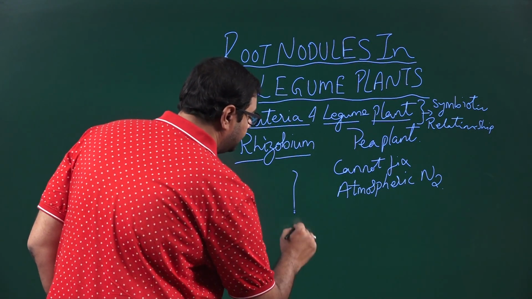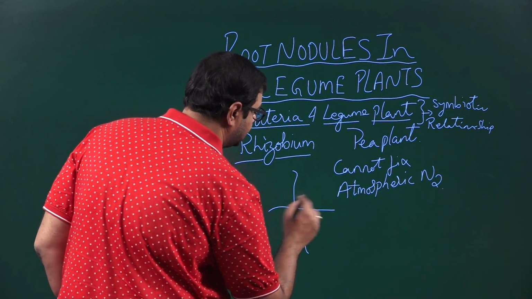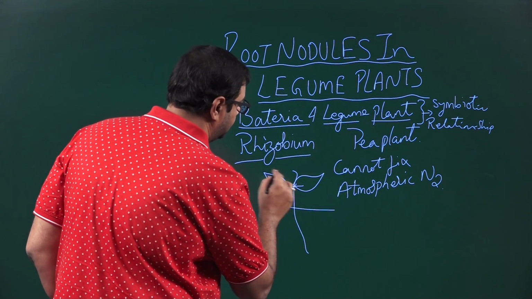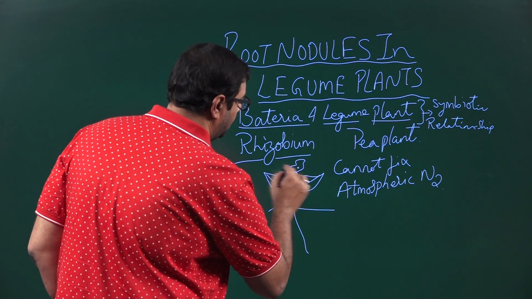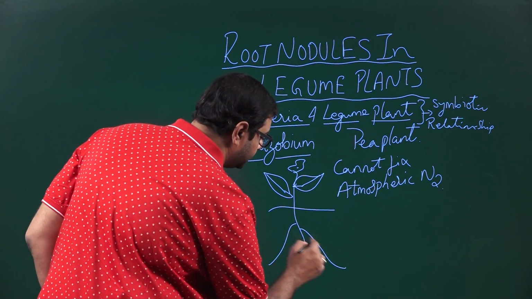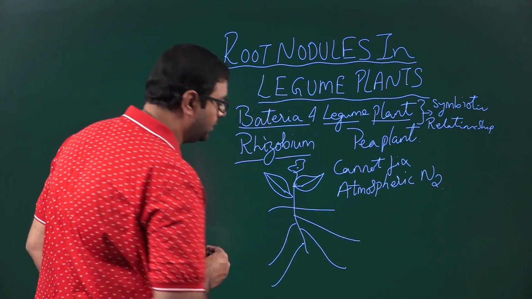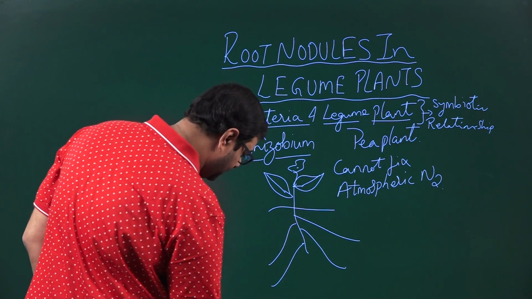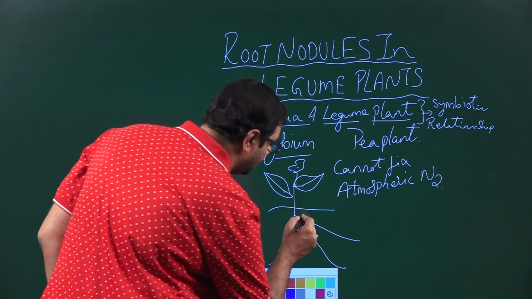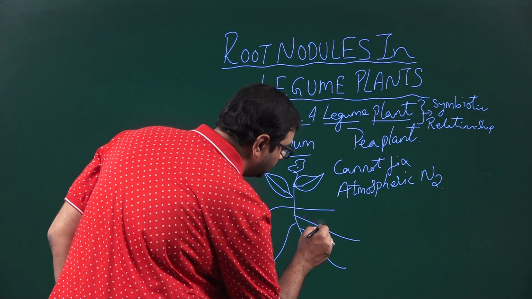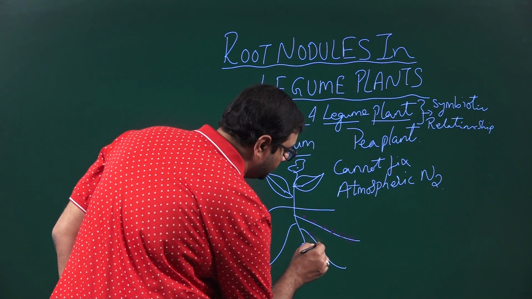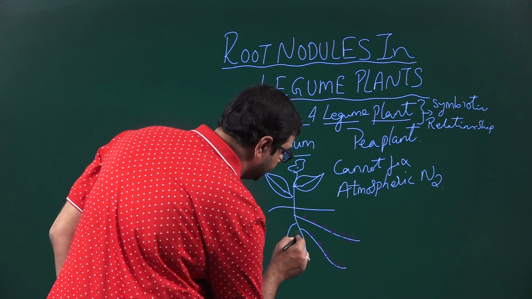Now say for example this is a legume plant, and you have the roots here. On the roots of the legume plant you will find nodules like this.